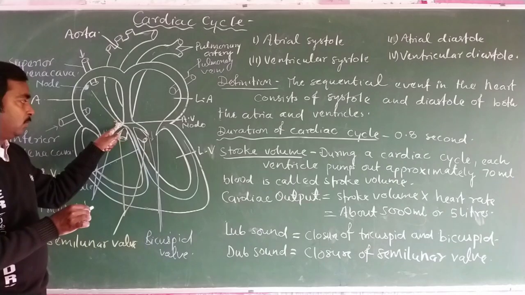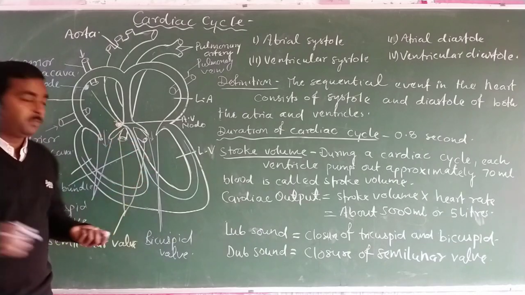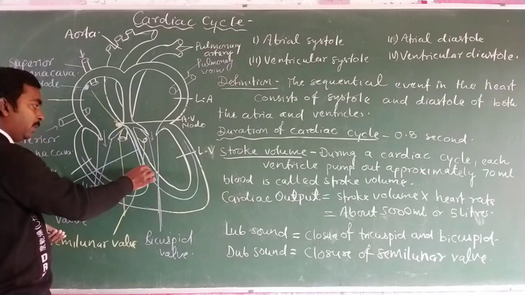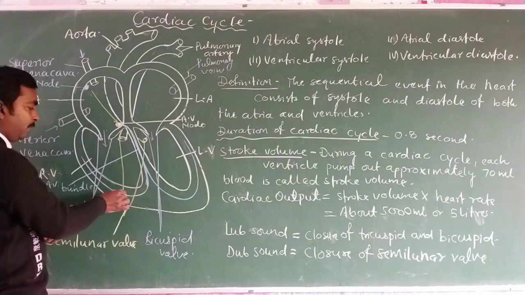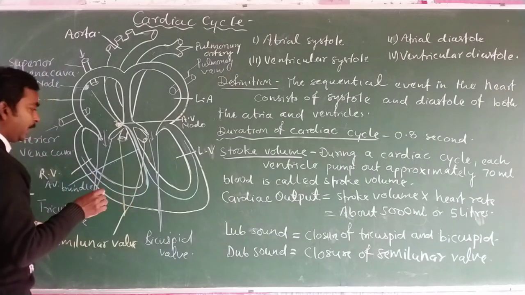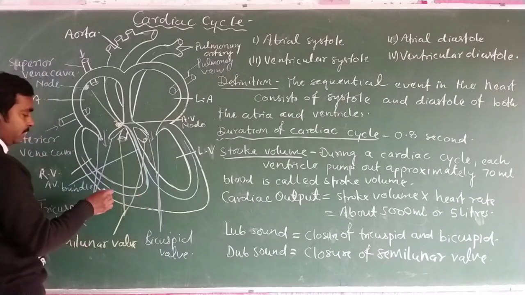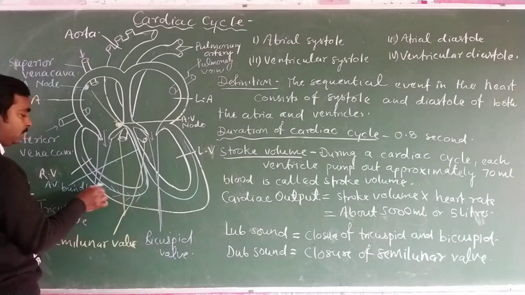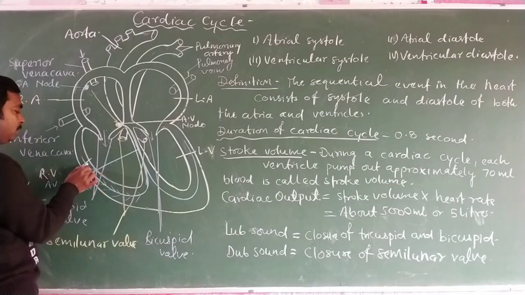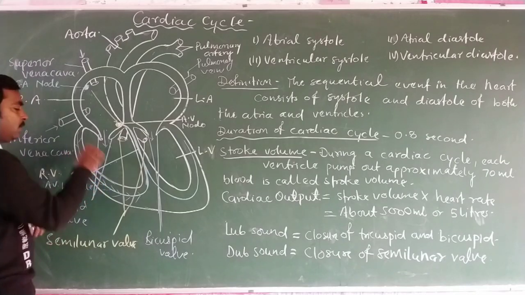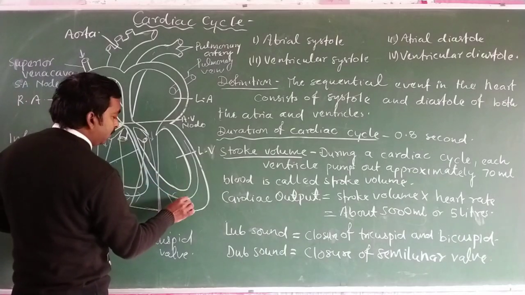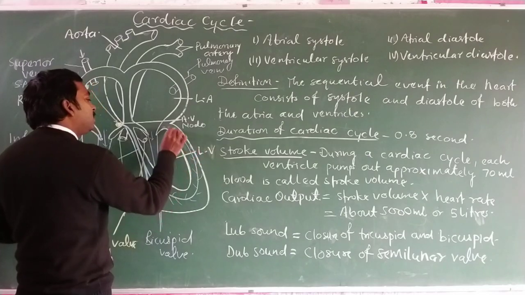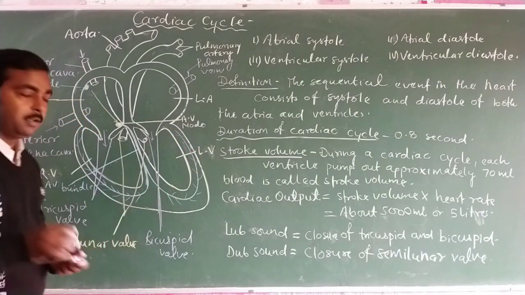From the AV node, the AV bundle transmits the impulses to the wall of the ventricle, and the AV bundle bifurcates into the bundle of His along with the Purkinje fibers. These Purkinje fibers, together with the bundle of His, transmit the cardiac impulses into the wall of the ventricle.